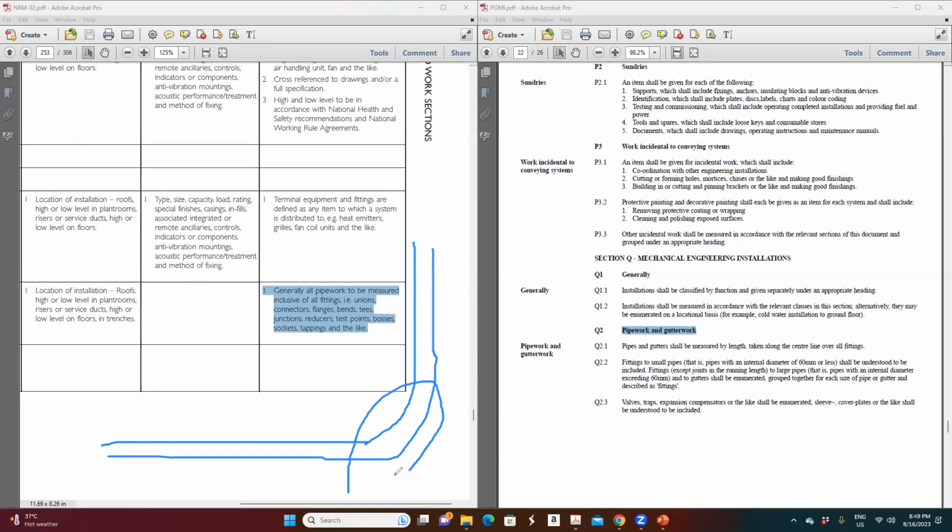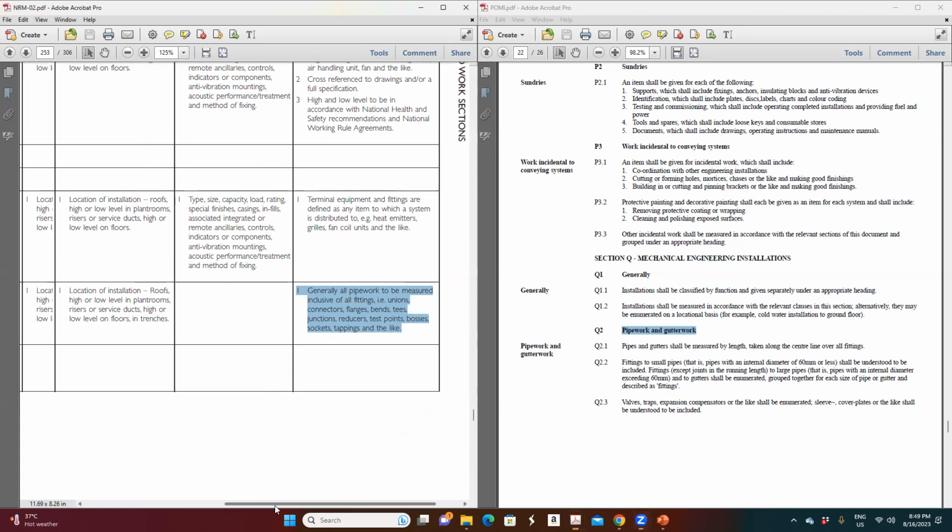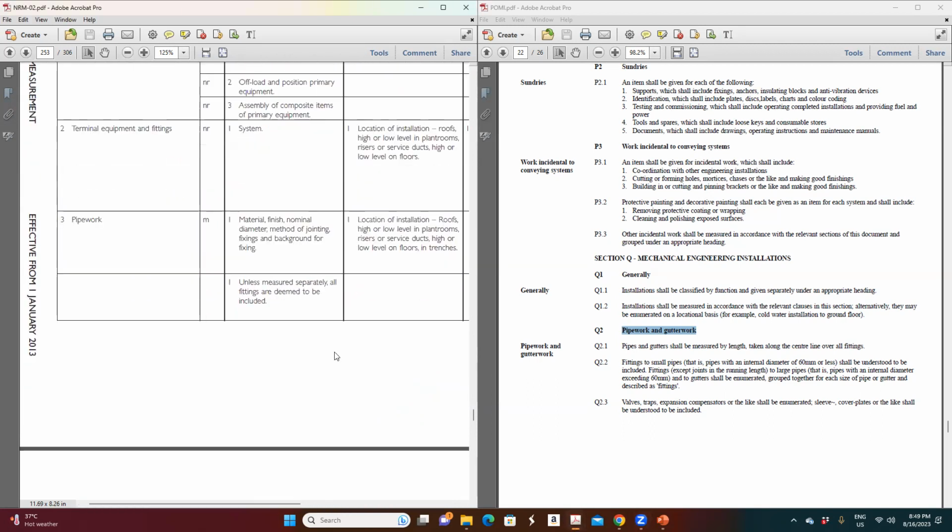Here you use a bend, here you use a joint, then here you use a flange because of the different diameter. They said don't measure this whole stuff separately, just measure by linear meter. That's all. No need to talk about what you use in between. That is what the description says here. That's about the pipe.